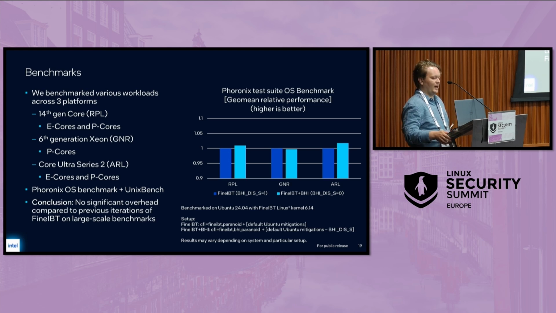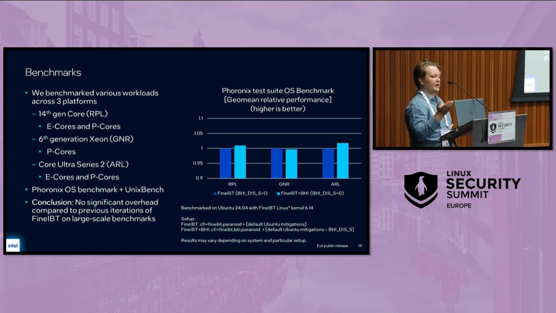So we picked 3 representative microarchitectures. One 14-gen core, also known as Raptor Lake, which contains both E cores and P cores. Our server platform, Granite Rapids, which only has P cores, and then the Arrow Lake desktop computer, the Core Ultra Series 2, which also has newer E cores and newer P cores.